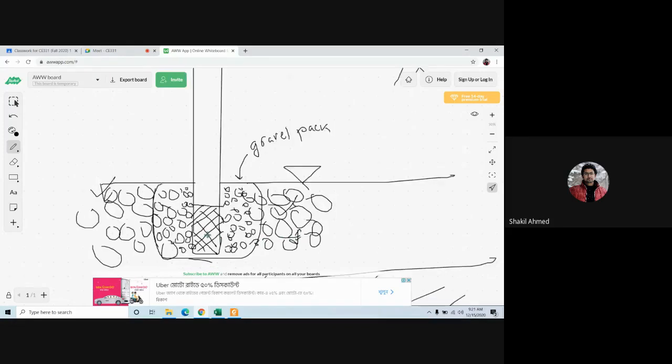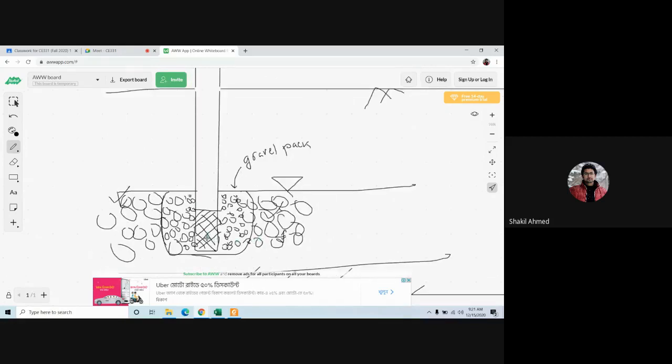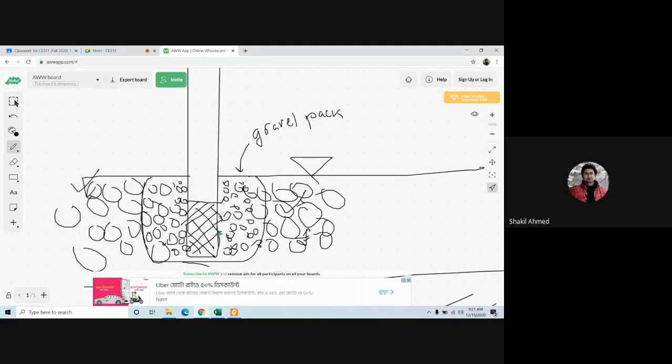Now the thing is, if you go to the smaller openings, what happens? The velocity increases, right? If cross sectional area decreases, the velocity increases. Am I right? Yes, sir. Now, if the velocity increases, then the head loss, I mean the frictional loss, also increases, right? Yes, sir. Now, if there is frictional loss, so what happens?